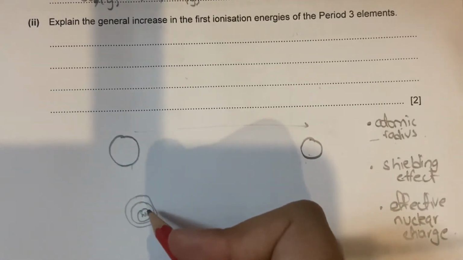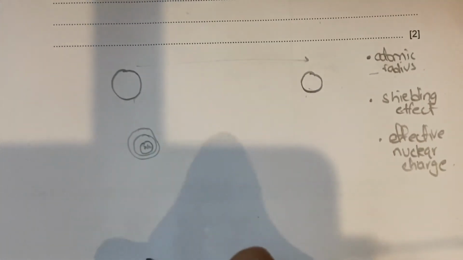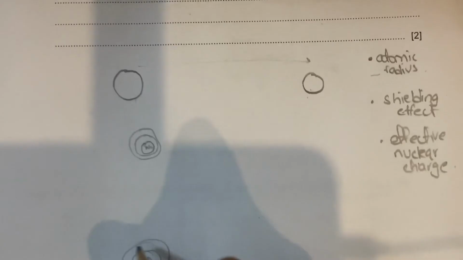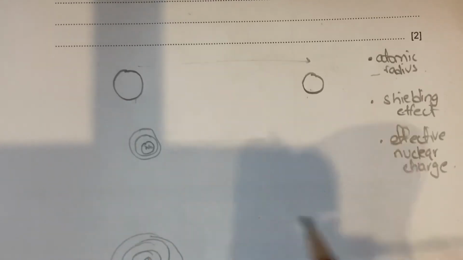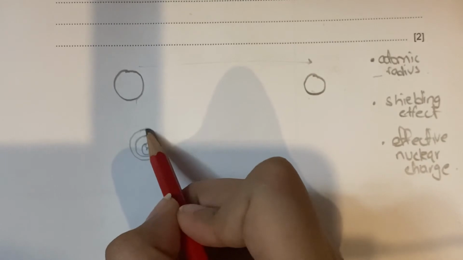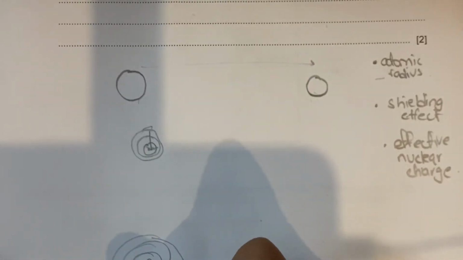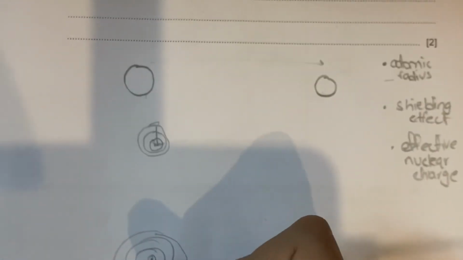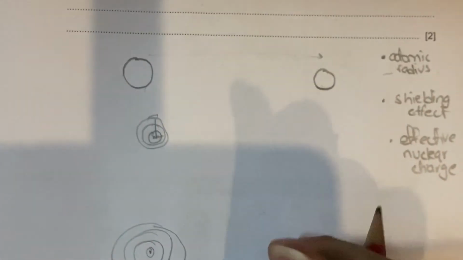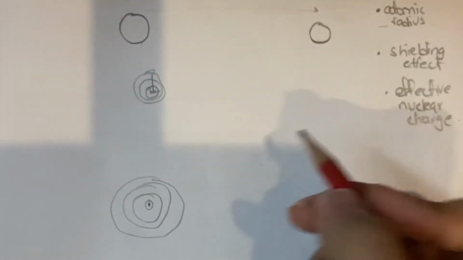So when they move down the group, the number of shells increases, which means the distance from the nucleus to the valence electron is lesser in sodium as compared to the lowest element in group 1.